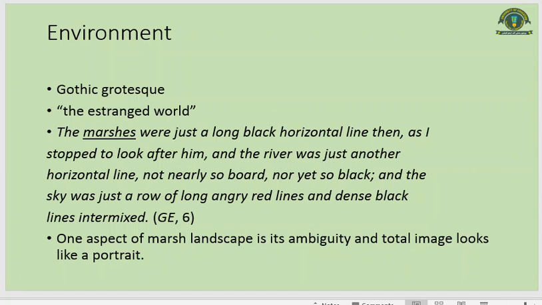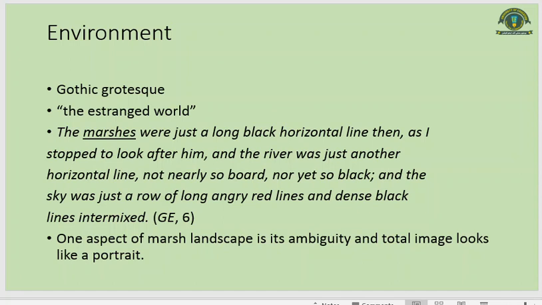During this journey, Pip keeps on recounting different scenarios and scenes using the marsh. The marsh is a landscape that has some ambiguity in its own self. So he uses the word marsh and marshy areas many times in the novel.